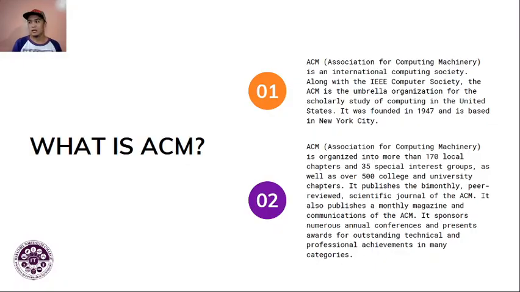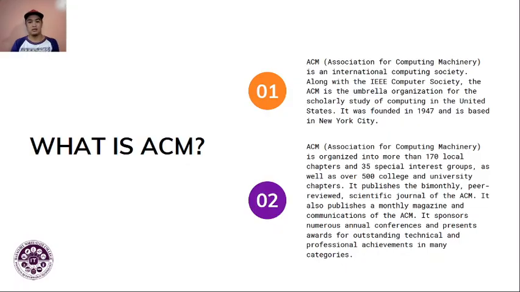So it's like a society, just like IEEE, of all engineers, IT specialists, network administrators, and a lot more. Now ACM is organized into more than 170 local chapters and 35 special interest groups, as well as over 500 college and university chapters.